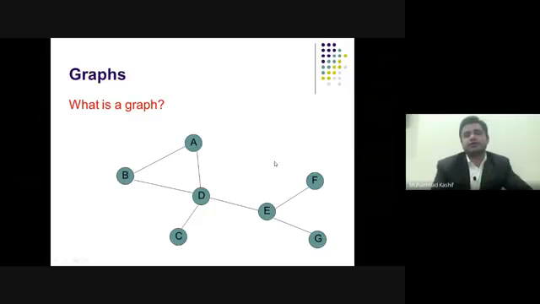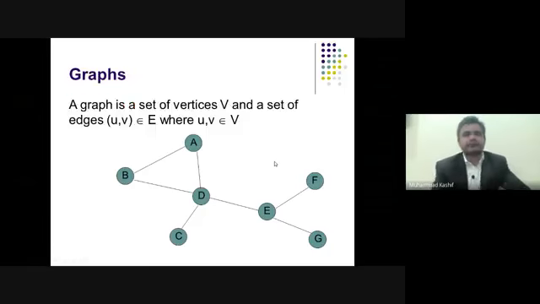But for now, you just need to understand the definition of a graph. So a graph means we have vertices and we have edges. Vertices means the nodes, and edges means the solid lines that are connected between two nodes. So both u and v belong to vertices. This is a mathematical notation that represents the relationship between edges and nodes.